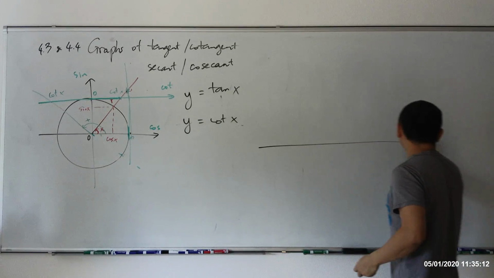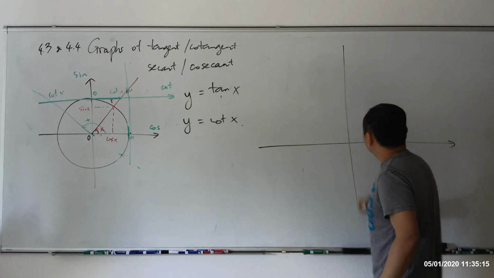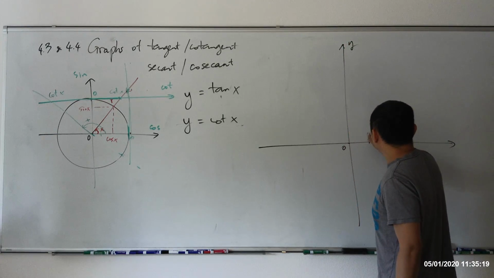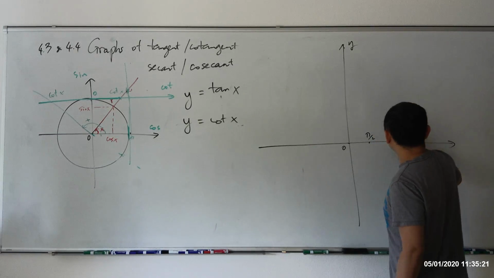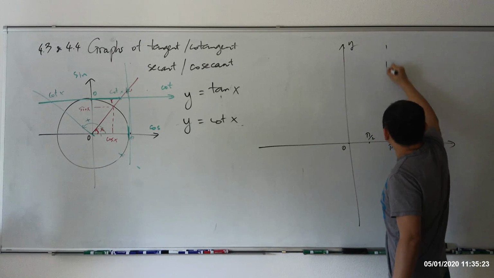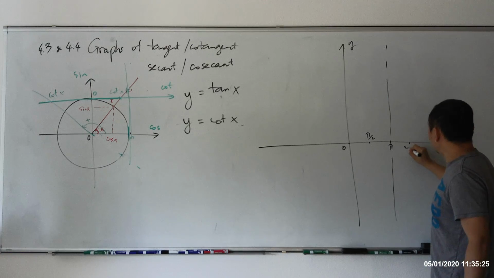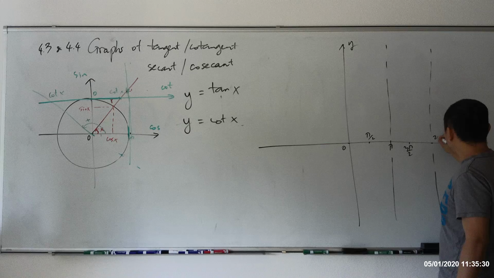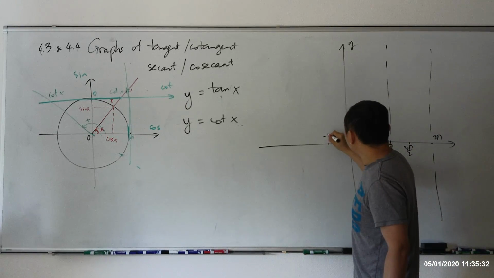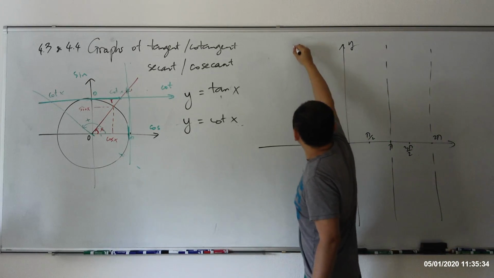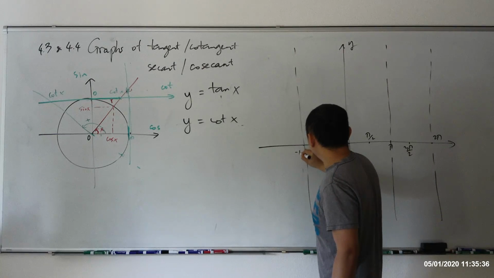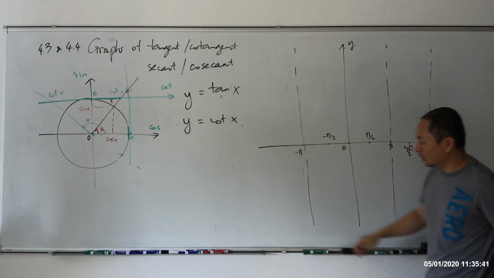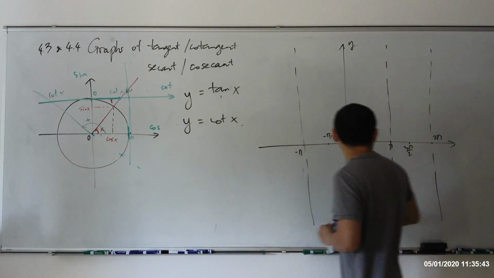We have still the x-axis, the y-axis, 0 right here, pi over 2, this is pi, 3 pi over 2, 2 pi, negative pi over 2, negative pi. I think that much is good. The graph of cotangent is going to look like this, in red color.